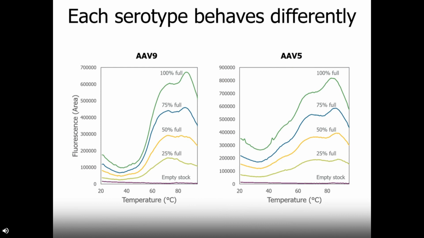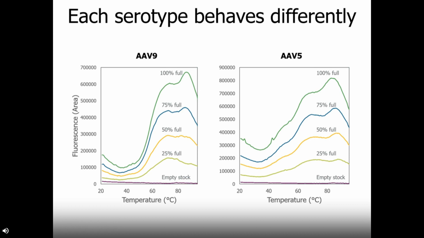First, AAV9 shows sort of a bimodal genome ejection behavior, but that first peak between about 40 and 50 degrees Celsius is rather weak, and then most genome ejection appears to occur between 50 and 60 degrees Celsius. Contrast that with AAV5, and you see a much more clear behavior where you get a lot of genome ejection occurring between 40 and 50 degrees Celsius, and a little bit less occurring at higher temperatures.